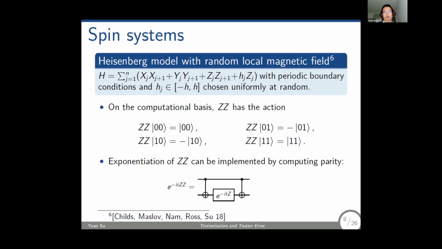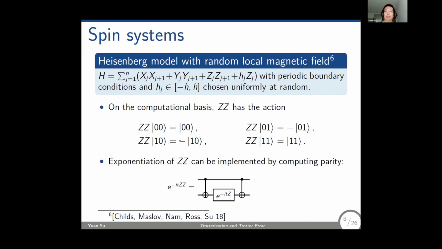We can, for example, start with this term ZZ. On the computational basis, we can write out the action of ZZ. This operator ZZ will always preserve the 0,0 state and the 1,1 state. But on the other hand, when you input 0,1 and 1,0, it will always flip the phase.